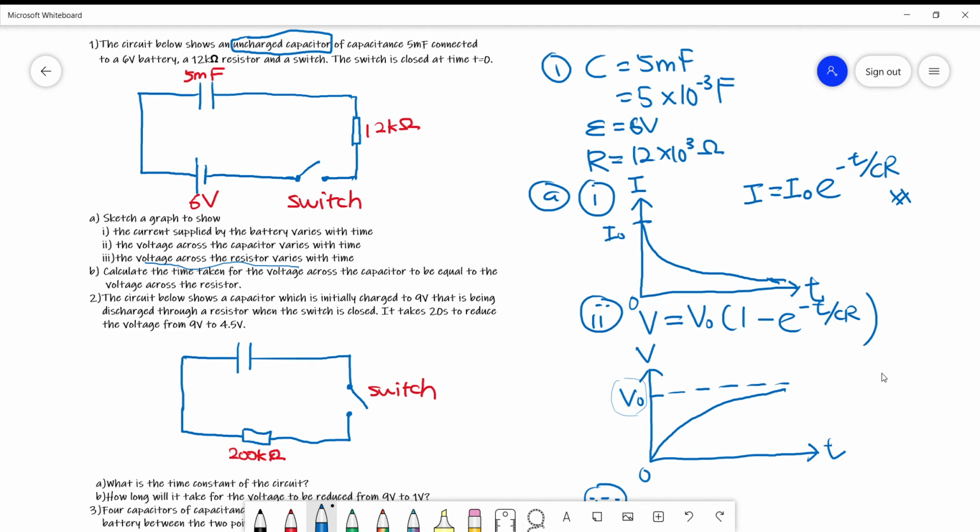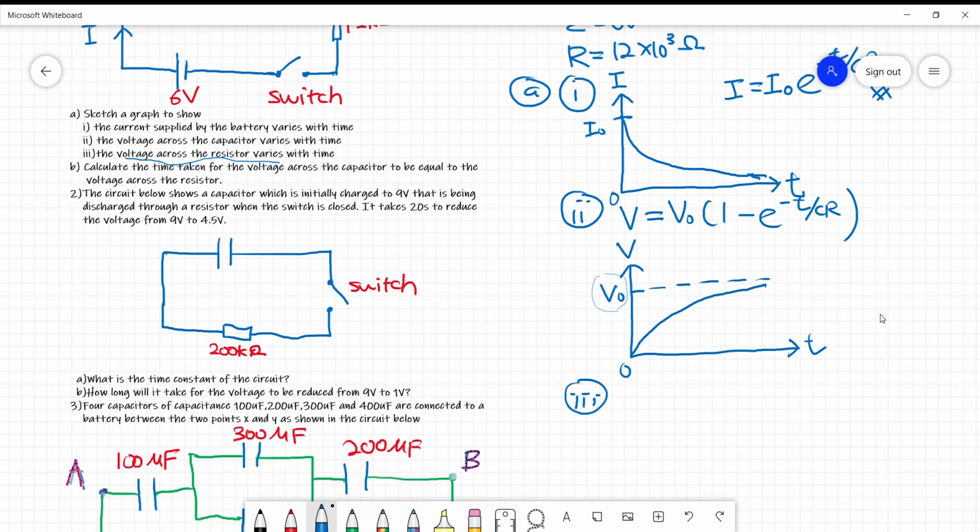When the switch is closed, the 6 volt battery will release current, which flows throughout the circuit. Initially, the current in the capacitor and the resistor is the same since the circuit is in series.